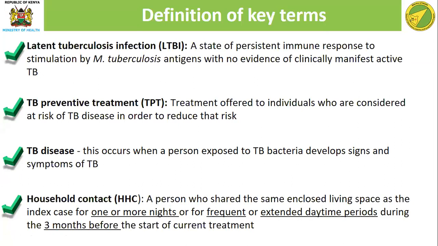By this definition, if you have a workmate or a classmate who has tuberculosis, and you were in the same class for that period, 3 months before the case was diagnosed, you are sharing extended daytime periods. If it's workmates, you're sharing most of your daytime periods with them, then you qualify to be a household contact.